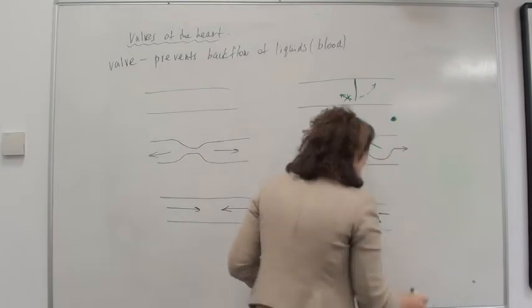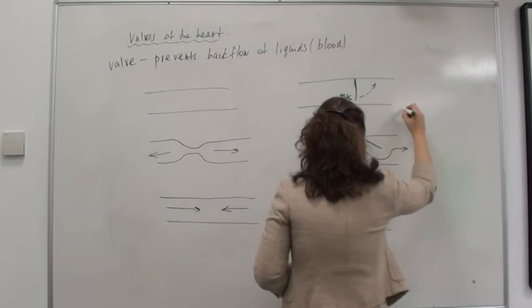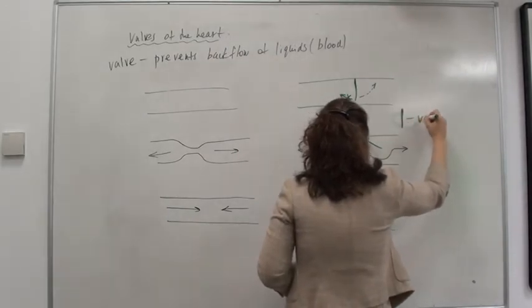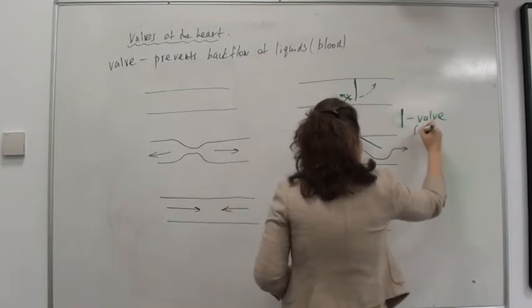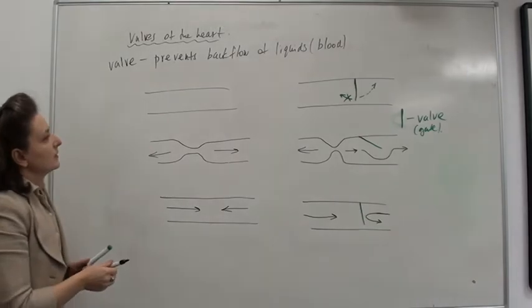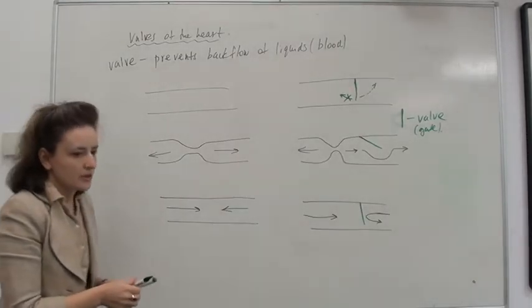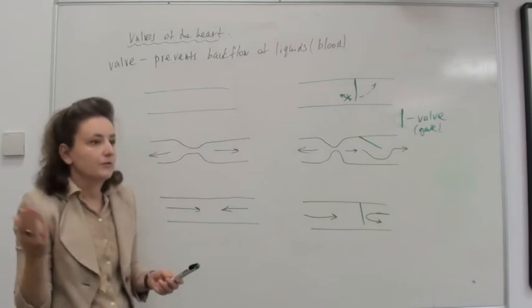So that green line is the valve, the valve gate. That gives you a little overview of why we need valves in the first place.